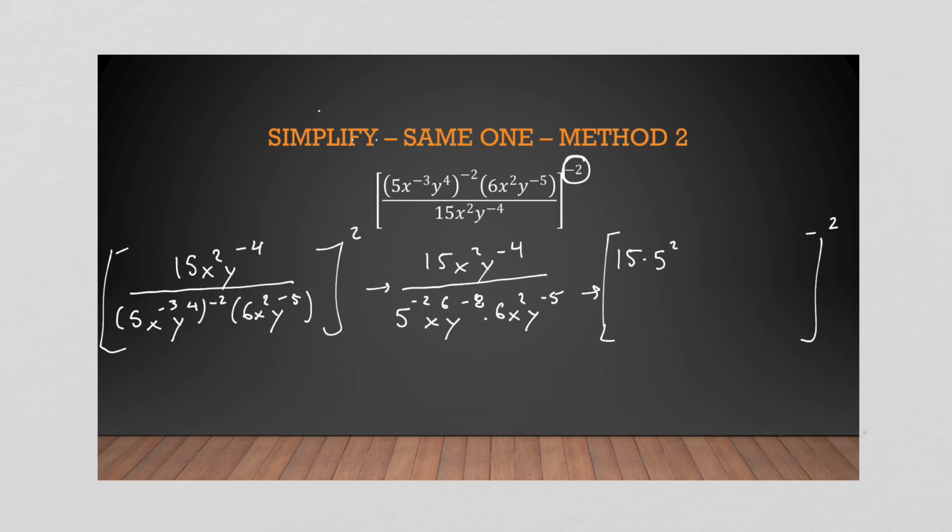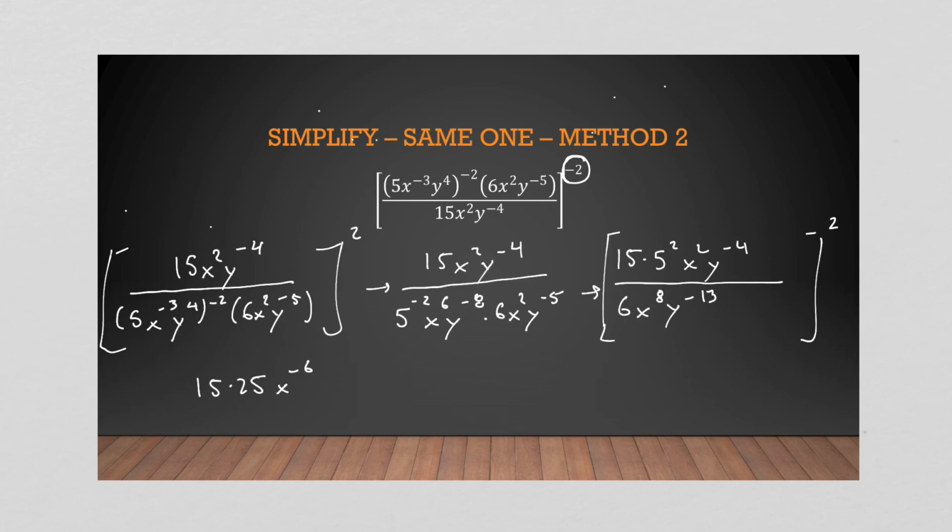And then you have x to the, let's simplify the bottom. So 5's gone, so we have the 6, and then we have x to the 8, y to the negative 13. On the top we have x squared, y to the negative 4. So then you're going to have, let's continue here, sorry, 15 times 25, and then x to the 2 minus x to the 8 gives us x to the negative 6.